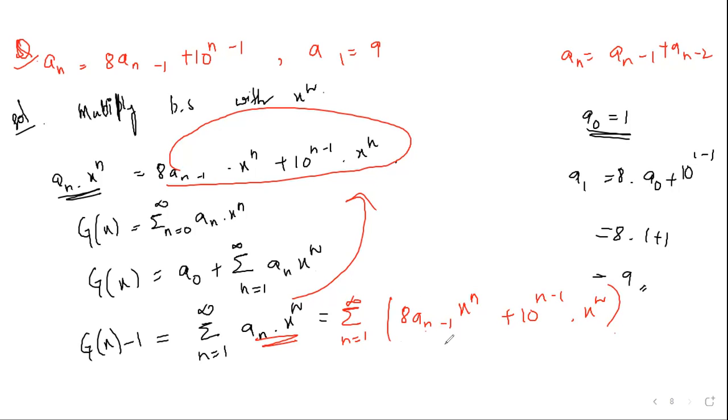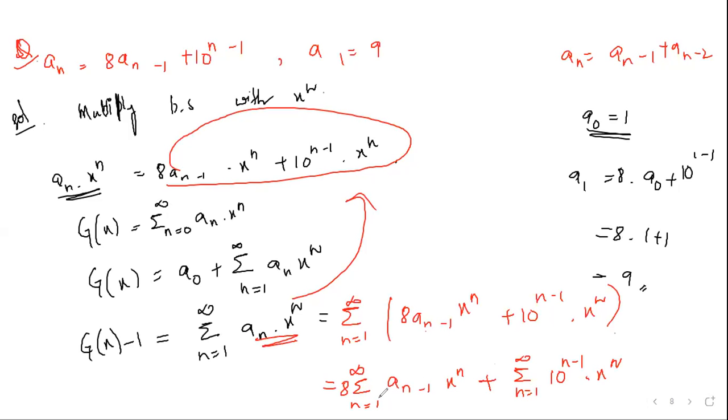After that, separate these two terms. So we will write the sum from n equal to 1 to infinity. 8 is a constant, so let's take it over here. 8 times the sum of a_{n-1} x^n plus the sum from n equal to 1 to infinity of 10^{n-1} into x^n.